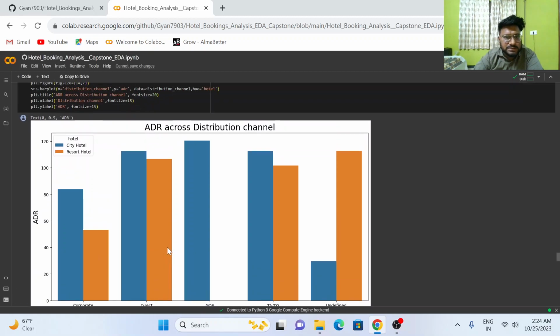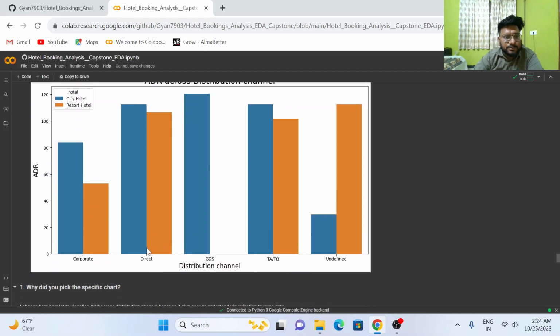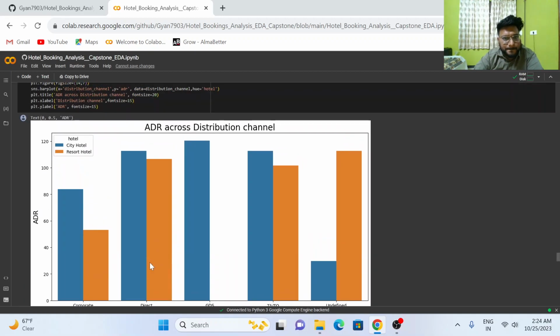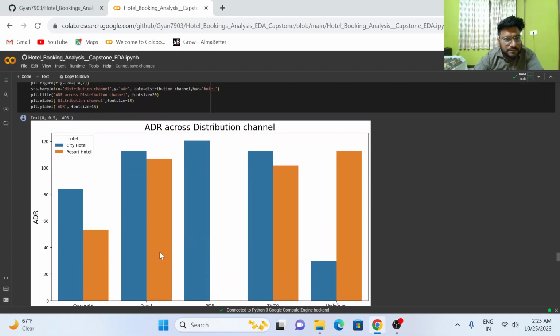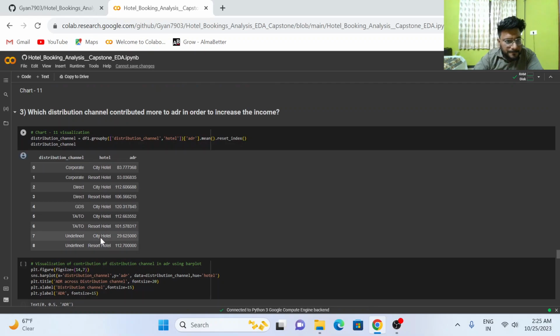So we can clearly see over here for the direct booking, actually for the TATO it is highest. Yes, let me just count it.